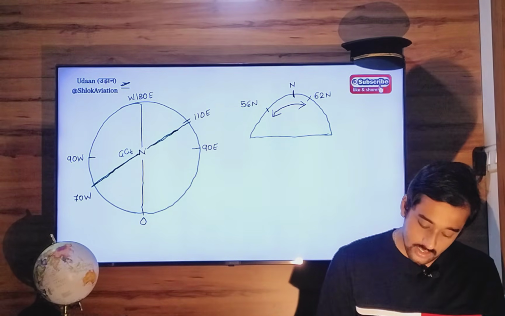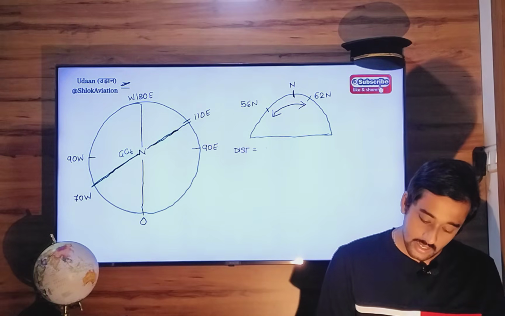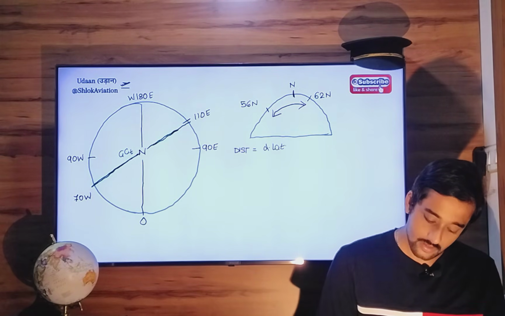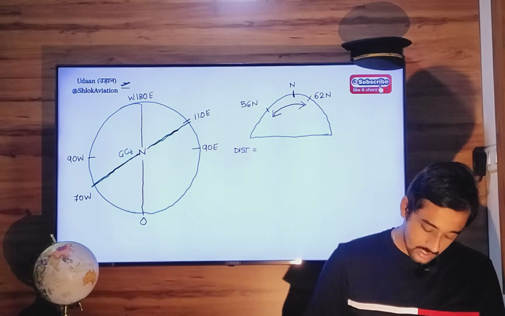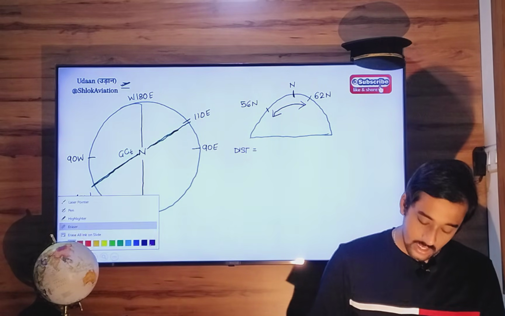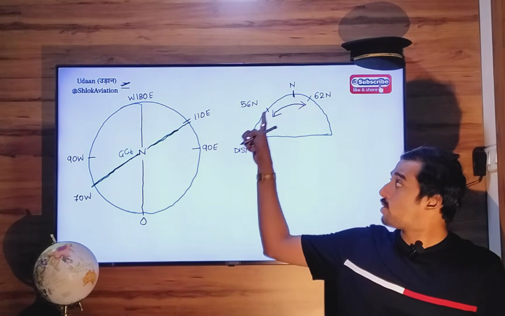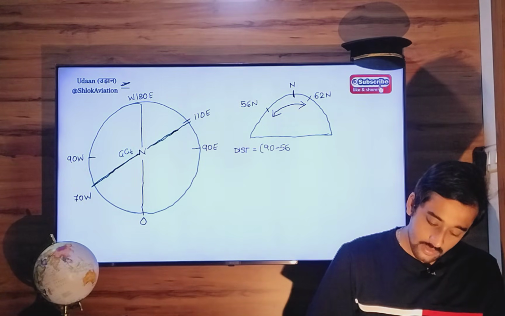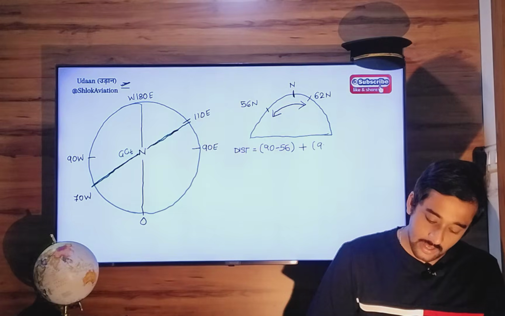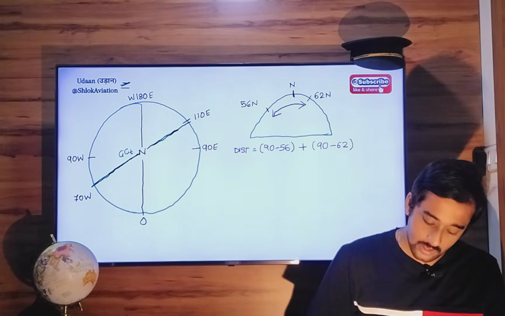Let's write distance between them will be equal to difference in latitude between North Pole and 56-degree North, 90 minus 56, plus difference between North Pole and 62-degree North.